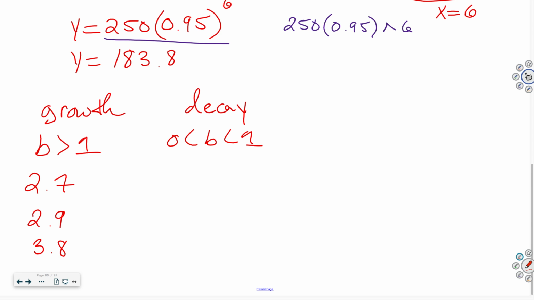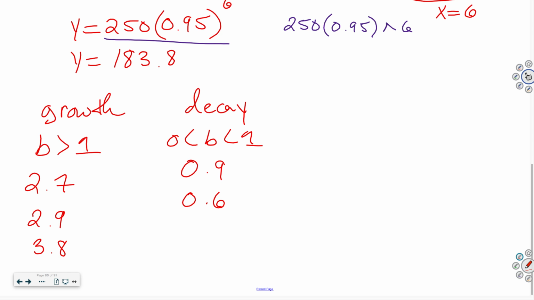Give me examples of b values that would cause decay. 0.9 would do it. 0.6 will do it.